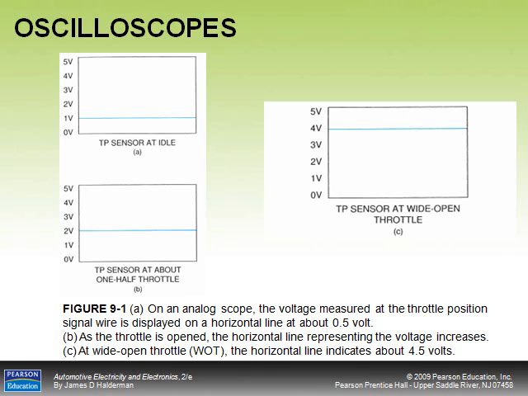We really haven't talked much about throttle position sensors, so I don't want to confuse you too much, but basically a throttle position sensor will vary voltage from 0 volts to 5 volts depending on where your throttle is. It usually runs about a half a volt at idle and over 4.5 volts at wide open throttle. So what you're seeing on an analog scope is this line rising and falling as that throttle position sensor opens.